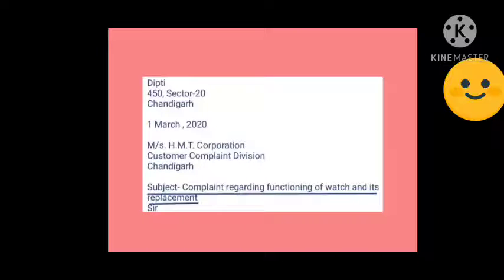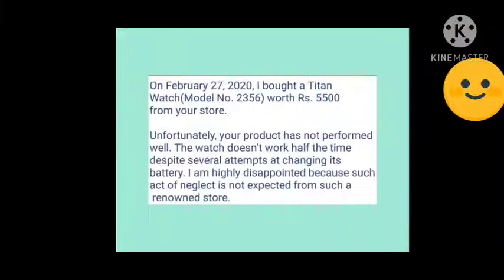Next, remember that you must underline the subject matter, or you must highlight it so that it will be read and understood by the reader very quickly. That's one of the techniques to score better marks.